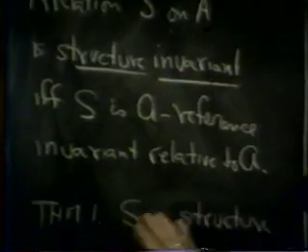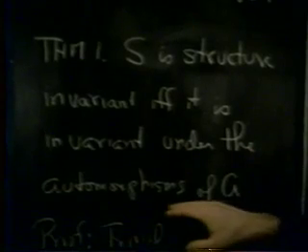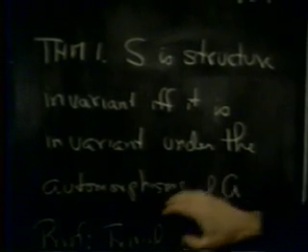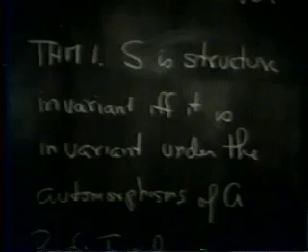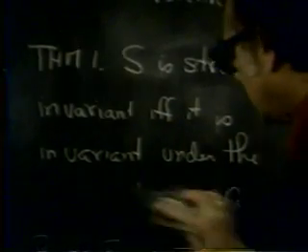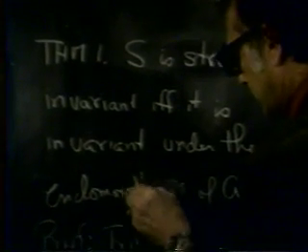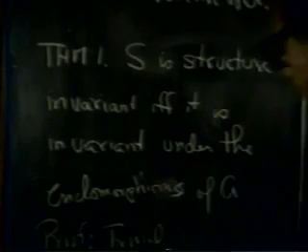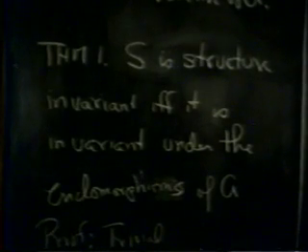And in fact, this trivial first theorem is simply the statement that structure invariance is the same thing as invariance under the, actually it's under the automorphisms of, no, this is incorrect. This has got to be the endomorphisms of script A.